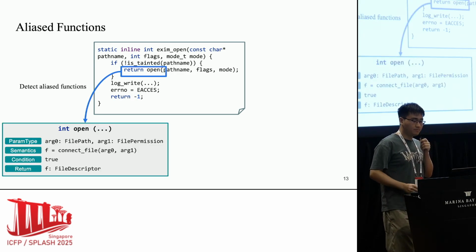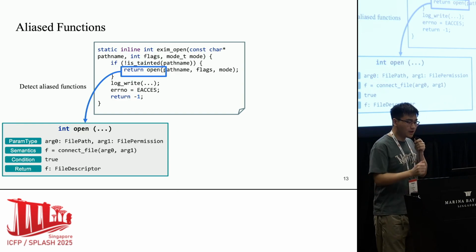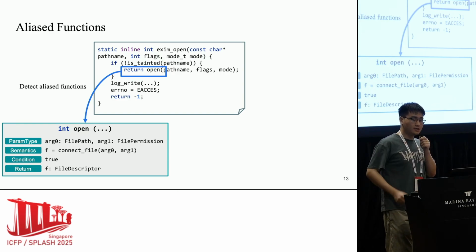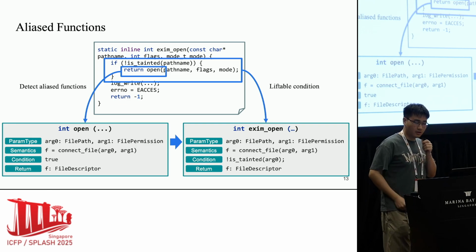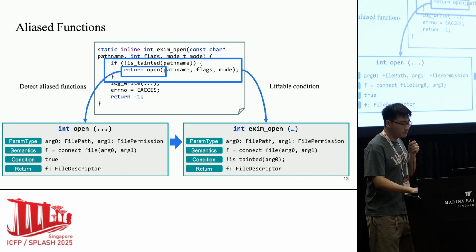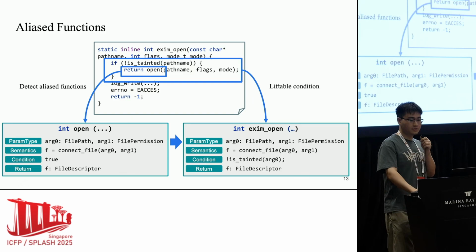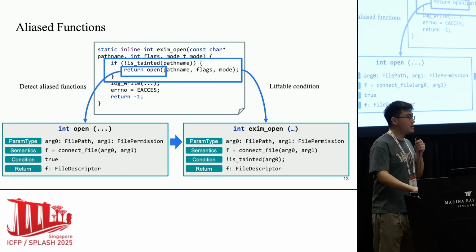For instance, the XM open function is aliased with open because it simply calls open as long as a specific condition is met. So we call this condition a liftable condition because it is based solely on a parameter and can be handled in the caller function. Thus, we can bypass analyzing the body of the XM open function while still preserving its semantics.